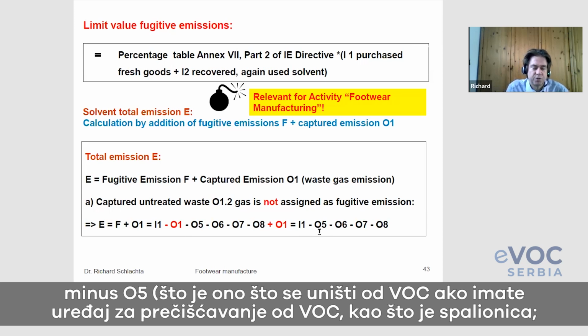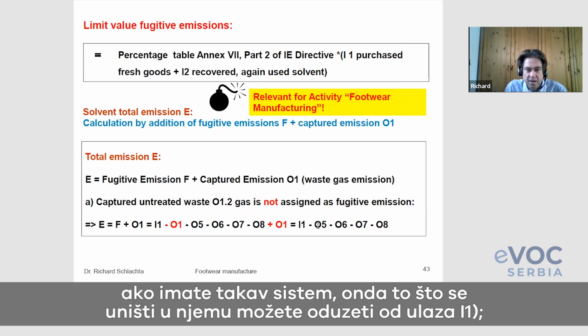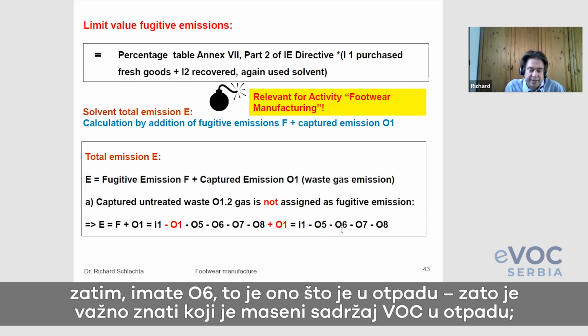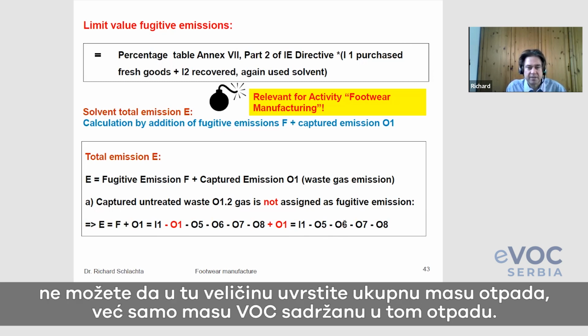O5 is if you would operate a waste gas abatement, and that is based on destruction of VOC, like a thermal oxidizer. Then you would have O5, and you can subtract it from the input. O6 is the contained VOC waste, so it's important to know what's the VOC mass content in the waste. You may not use the whole waste and subtract it.